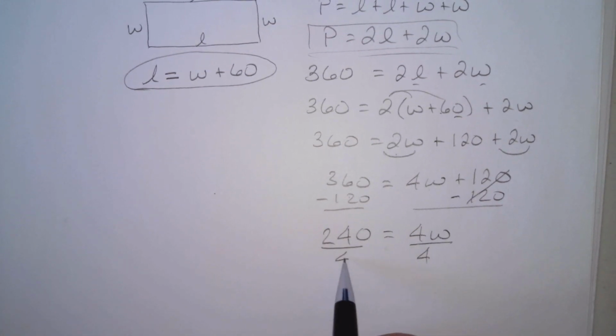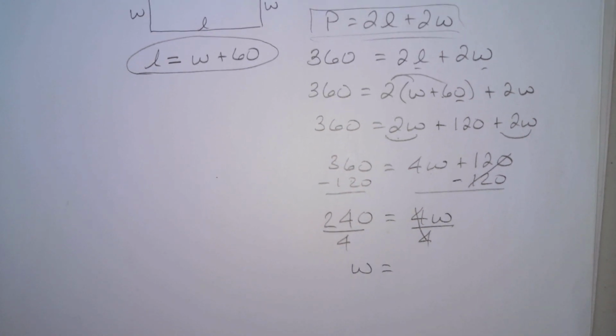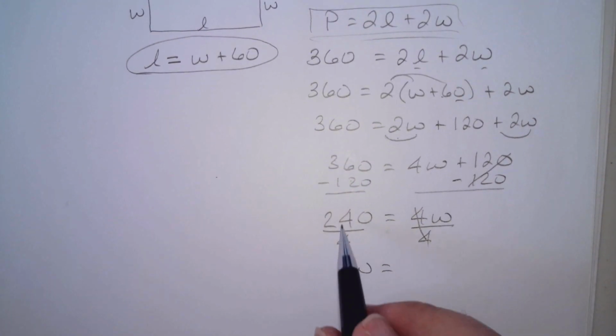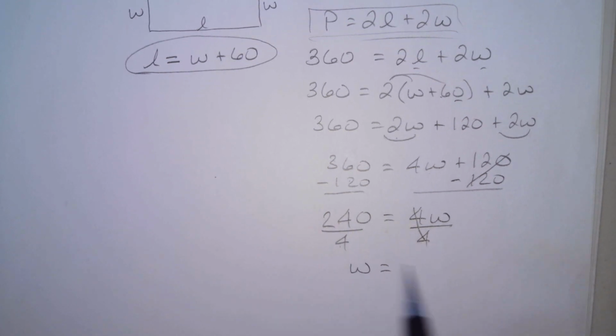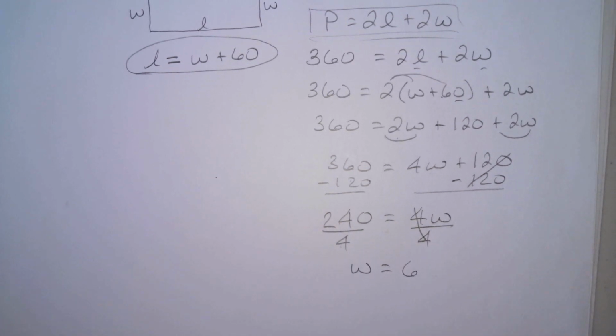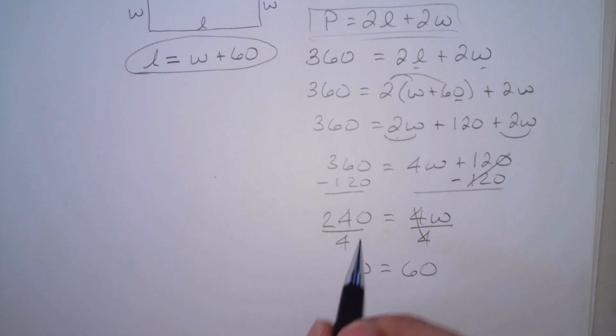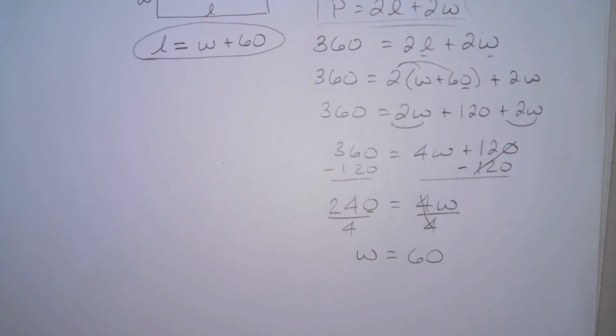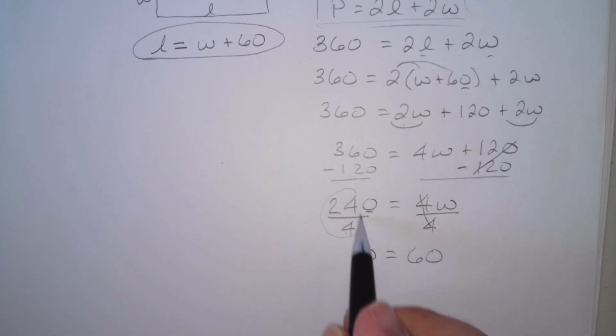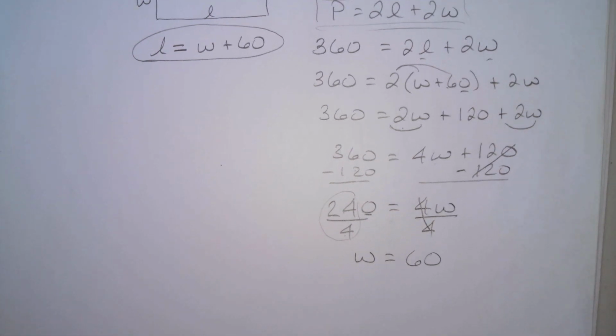Divide both sides by 4. So the width is 4 goes into 24 6 times with a 0 behind it.